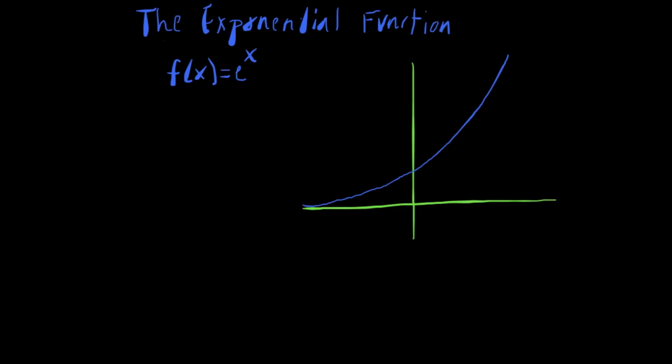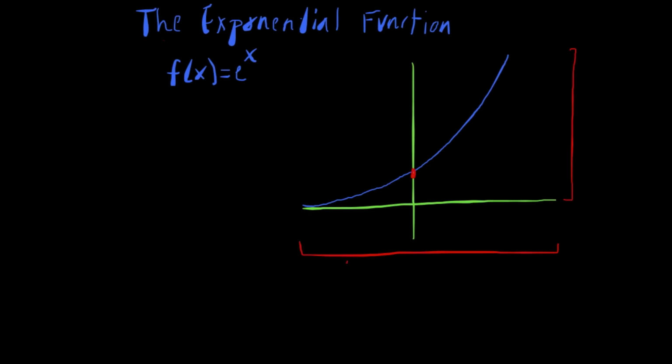The domain is all real numbers, so from negative infinity to infinity. The range is from 0 to infinity. It has a y-intercept at the point 0, 1, and it has no x-intercept.